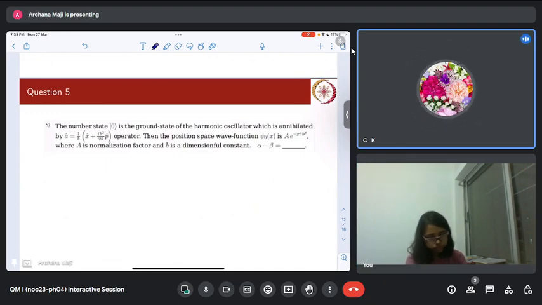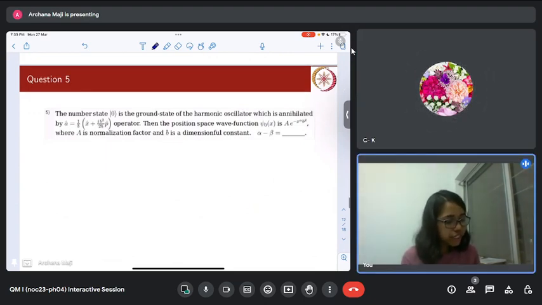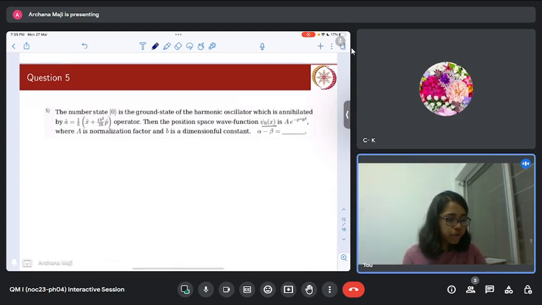You have to find out the form of the position space wave function for the ground state.